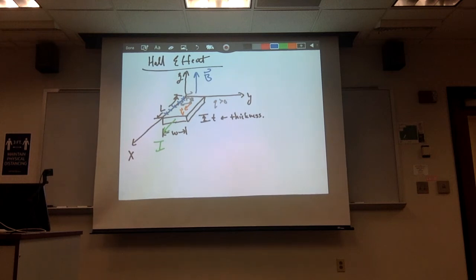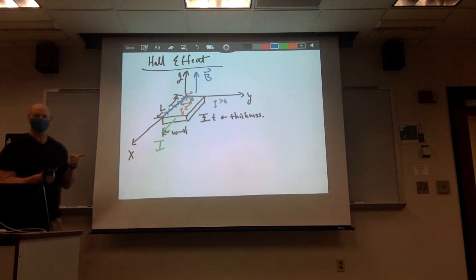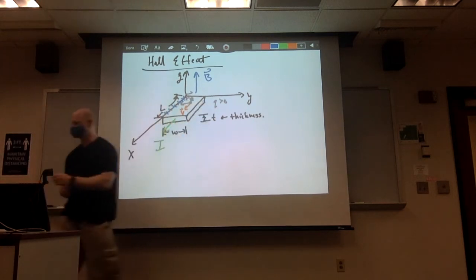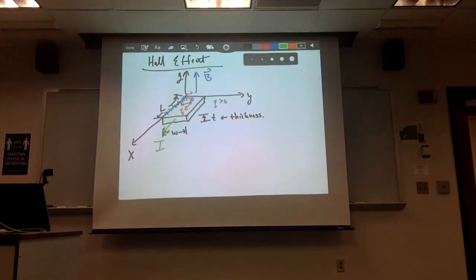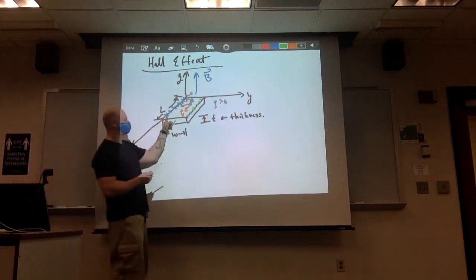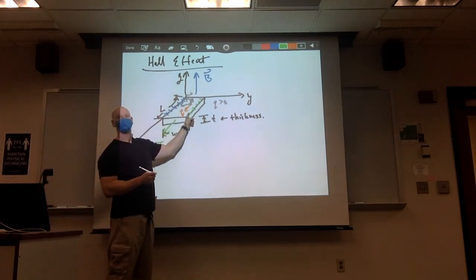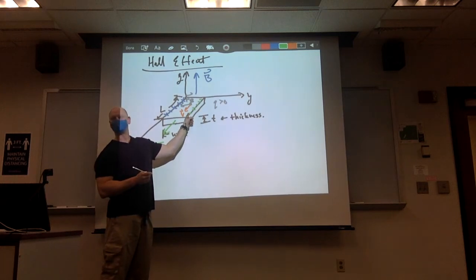But if I have a negative charge, what are my negative charges going to do? They get repelled into this direction, which means at the same time I'm going to build up a whole bunch of negative charges on this wall. But now if I have positive charges on this wall and negative charges on this wall, what do I develop inside of the piece of metal?